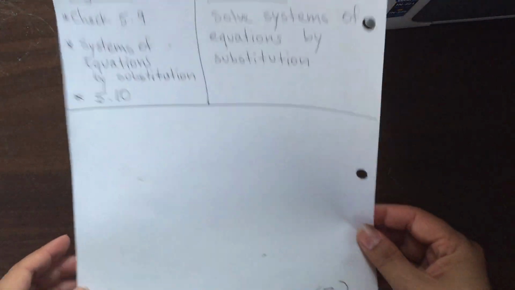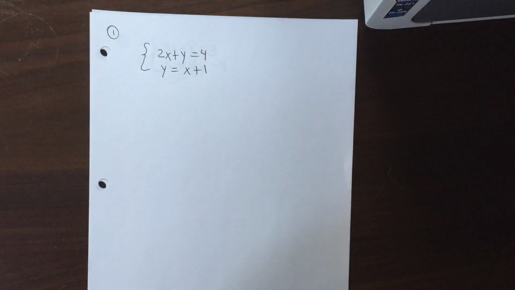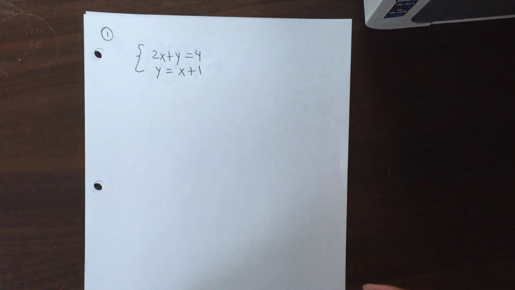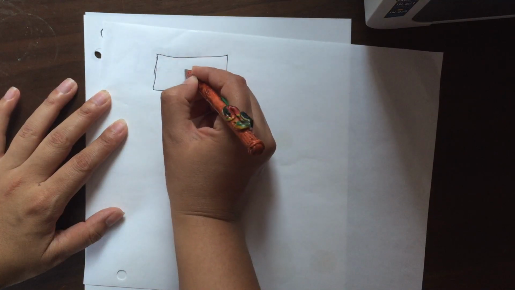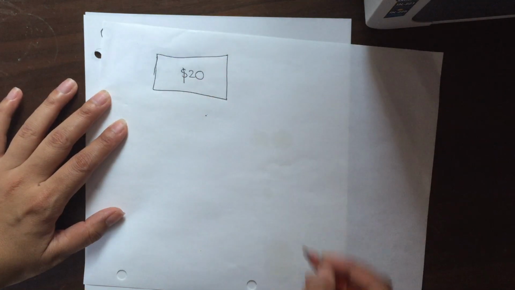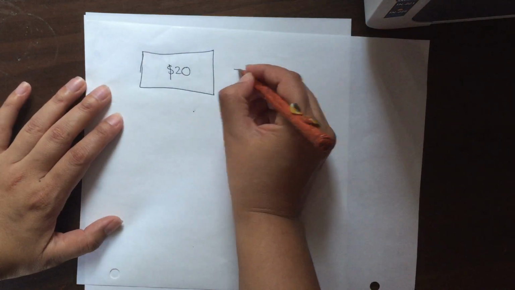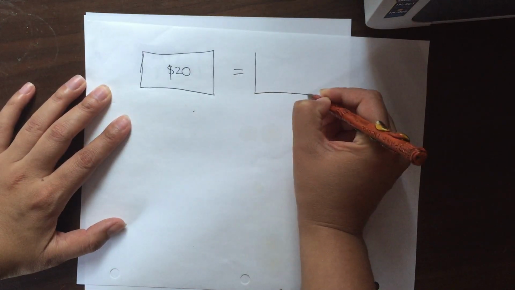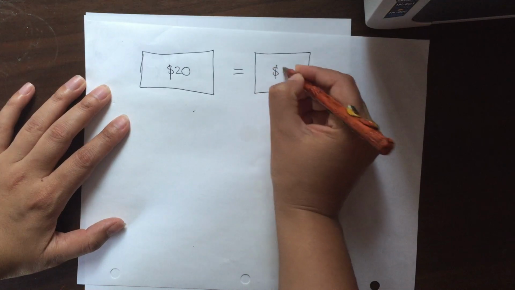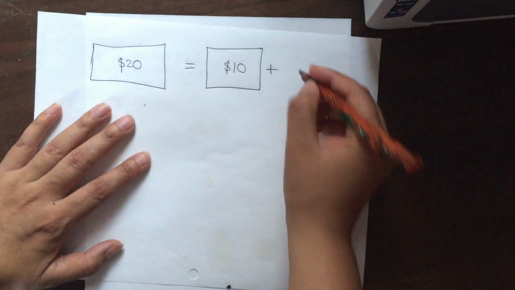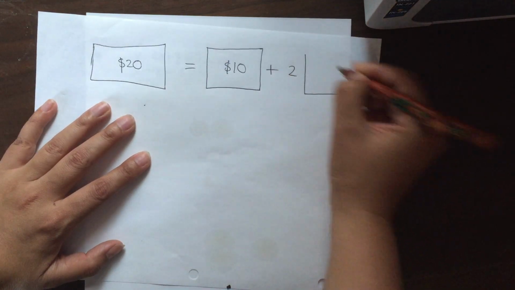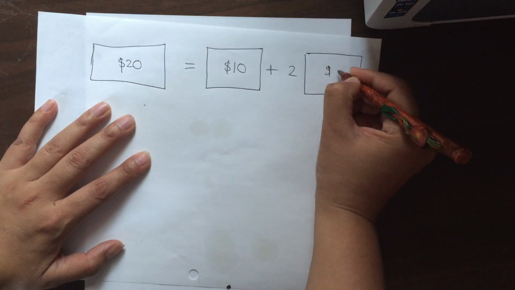And so, before we start, let me ask you, if you give me a $20 bill, can I say that that's exactly the same as having one $10 bill plus two $5 bills?